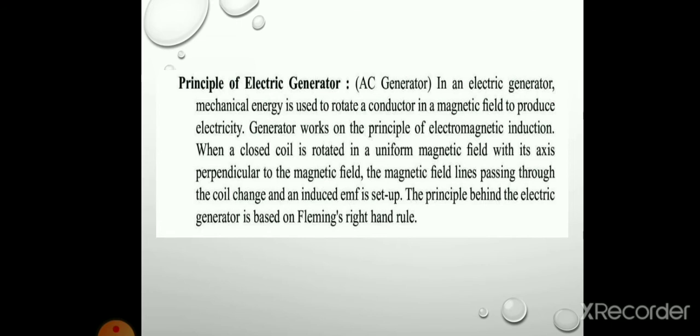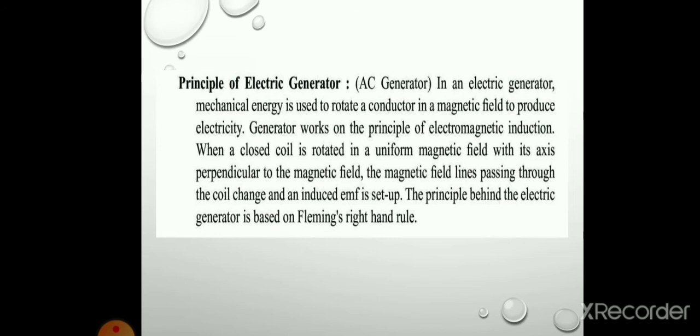In an electric generator, mechanical energy is used to rotate a conductor in a magnetic field to produce electric current. When a coil is rotated in a magnetic field, the magnetic field lines passing through the coil change and it induces a current.